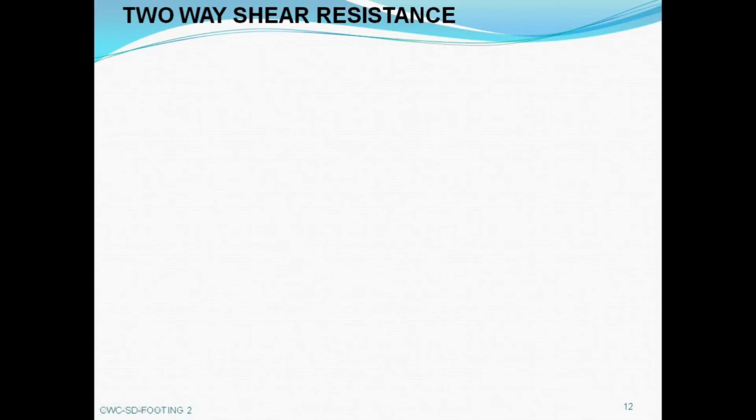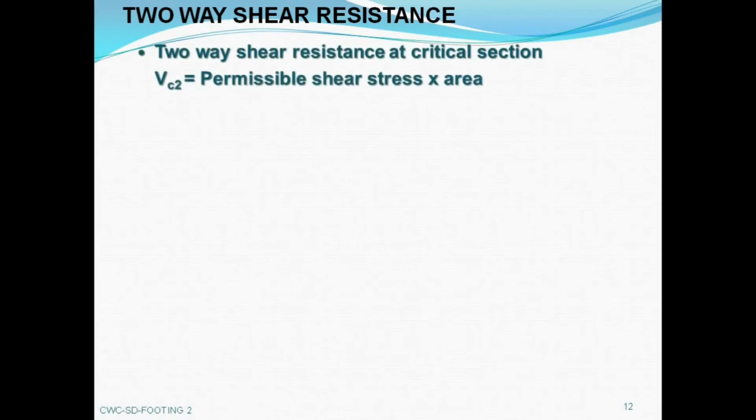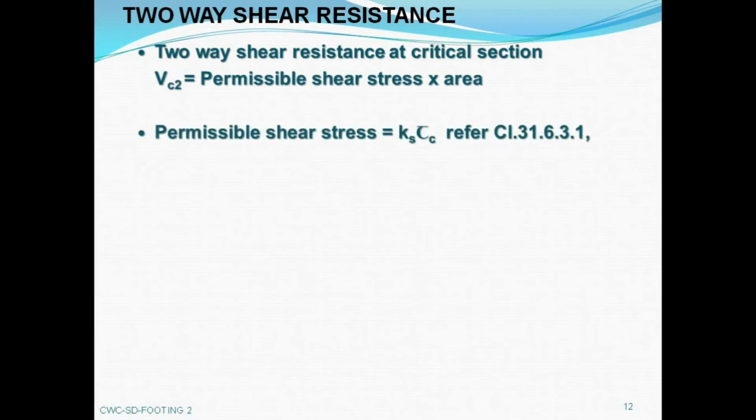Next is the calculation of two-way shear resistance. Two-way shear resistance at critical section VC2 is equal to permissible shear stress into area. To calculate the value of permissible shear stress, please refer clause number 31.6.3.1.